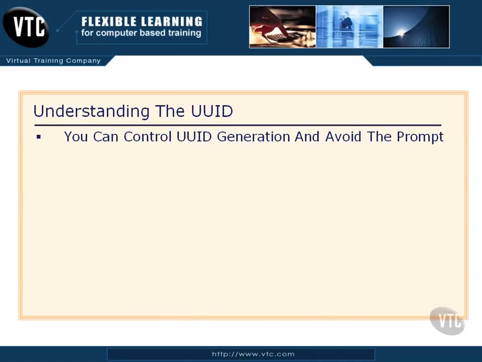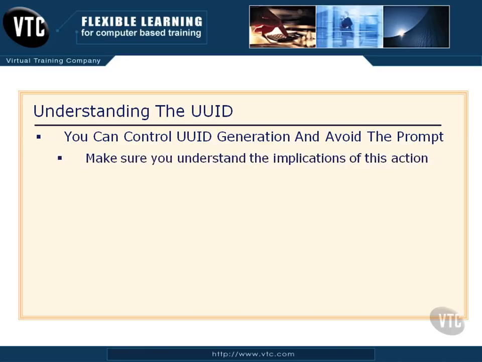Now, you can control UUID generation and avoid that prompt, because there are times when you create machines and you're going to copy them and move them, and you don't want to go through the hassle of getting this prompt. Okay? Now, before you turn this off or lock it out, make sure you understand the implications of this. You know how it goes in IT. You start with one goal.